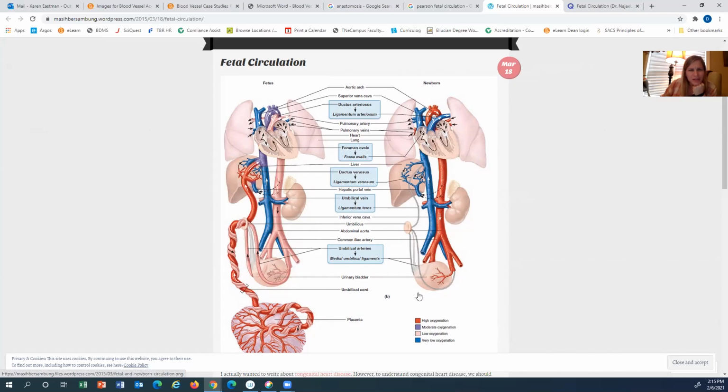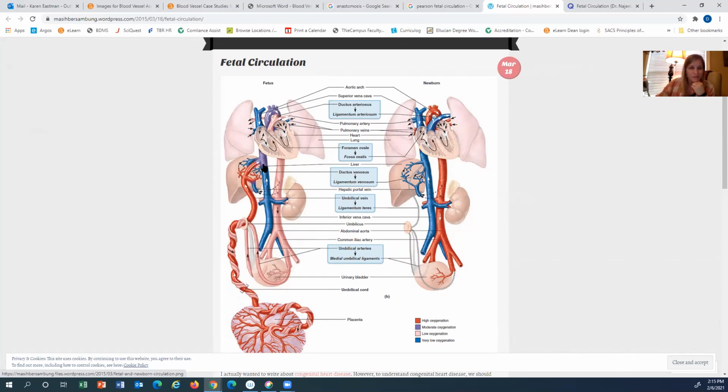Okay, so when the question is which vessels carry oxygenated blood and which vessels carry deoxygenated blood, I get the umbilical vein and the umbilical artery. Yeah. But then it seems like once it's inside the body, then it's a mixture. It is. And we would never go through and say, okay, at the superior part of the inferior vena cava, is that oxygenated or deoxygenated blood?